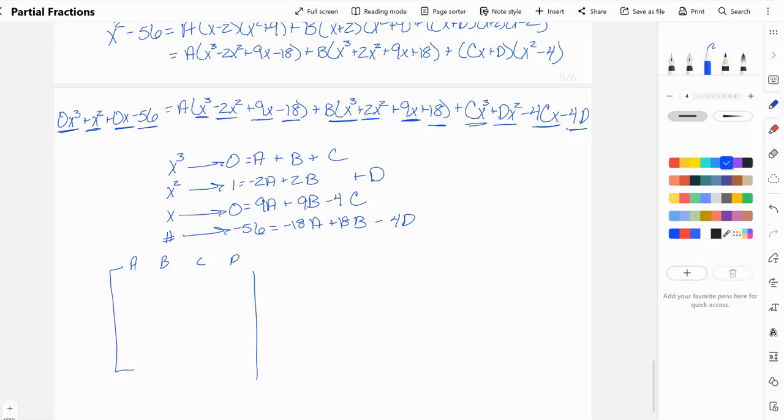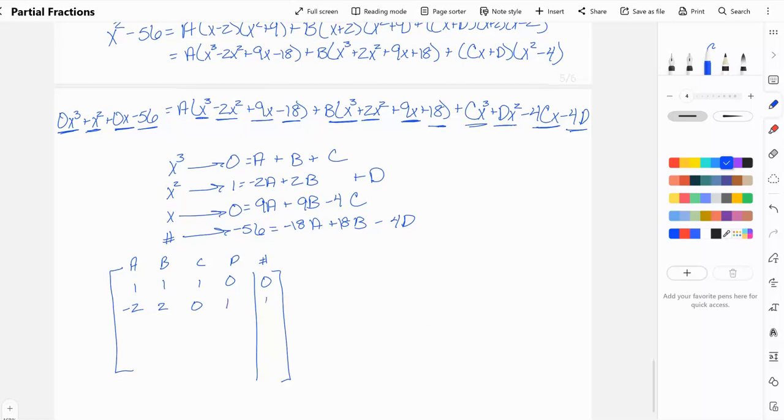So that first line is going to be 1a, 1b, 1c, no d's, and then the number on the other side is 0. This is going to be negative 2a, 2b, no c's, 1d, and that's equal to 1. That next one is going to be 9, 9, negative 4, 0, 0. The last one is negative 18, 18, 0, negative 4, negative 56.